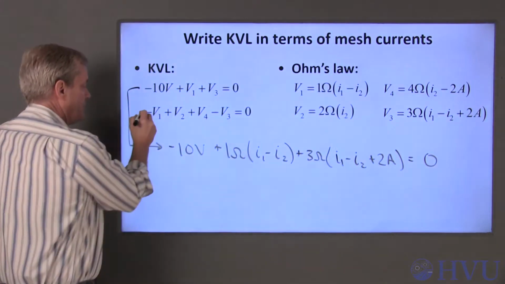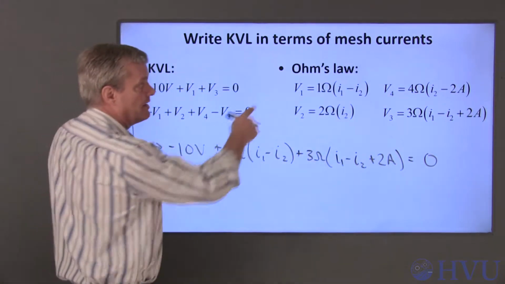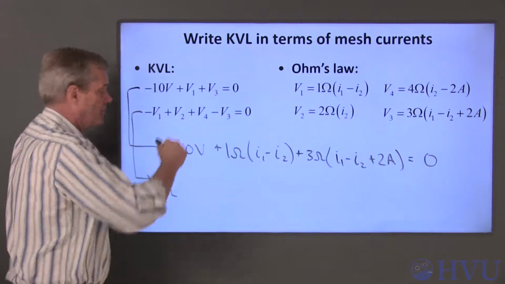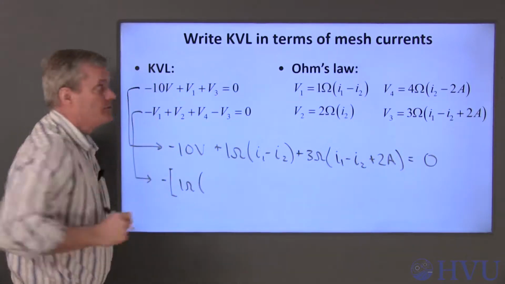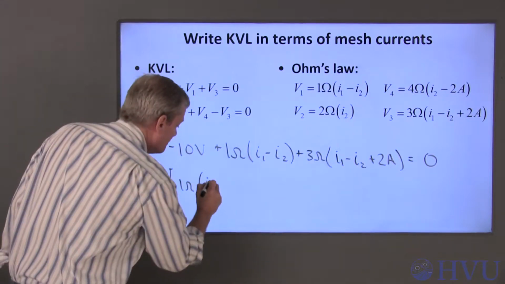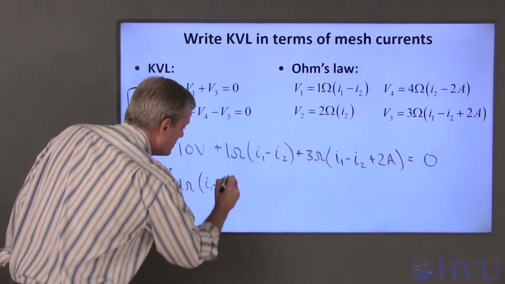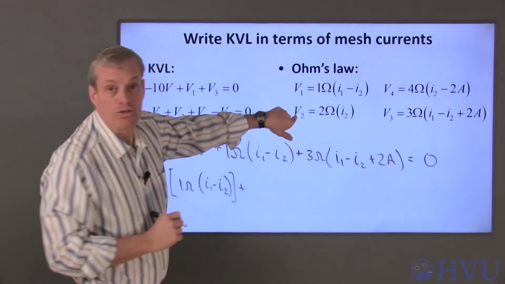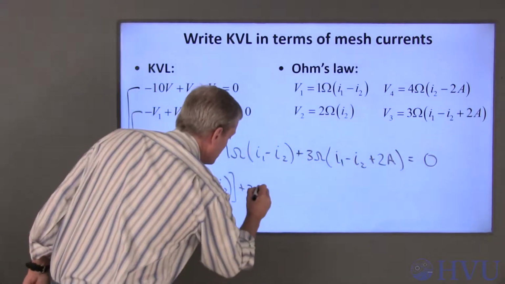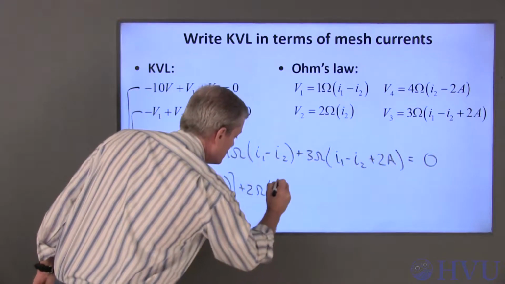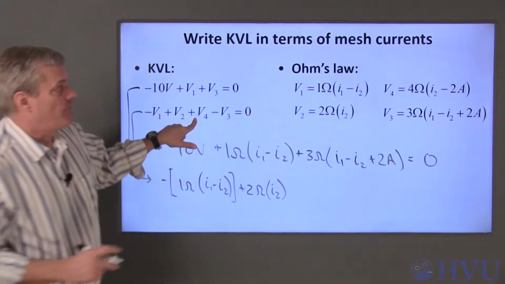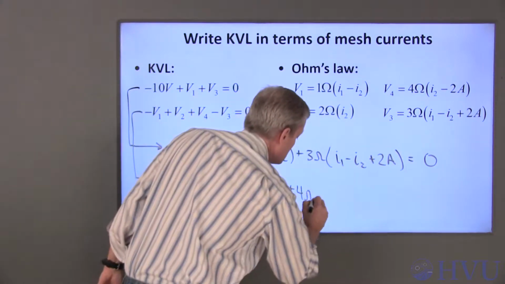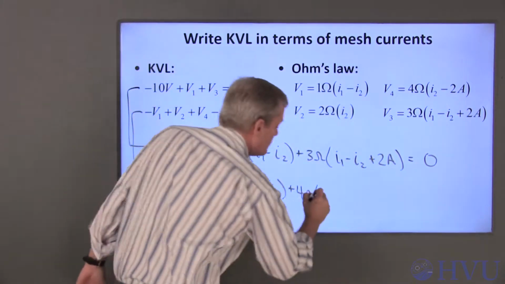For the second equation, negative V1 is the negative of 1 ohm times I1 minus I2, plus V2. V2 is 2 ohms times I2, plus V4, so plus 4 ohms times I2 minus 2 amps.